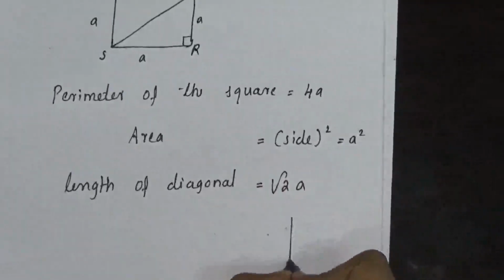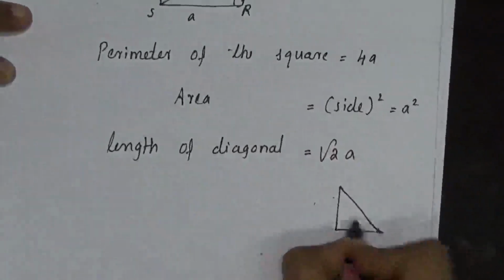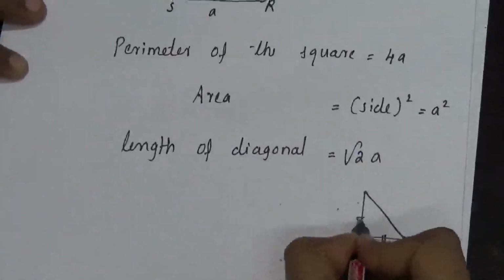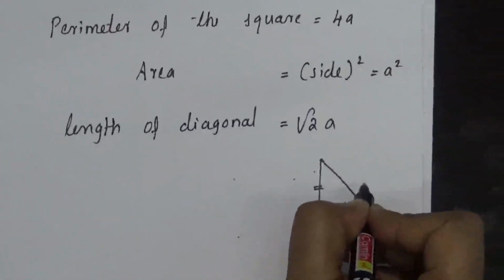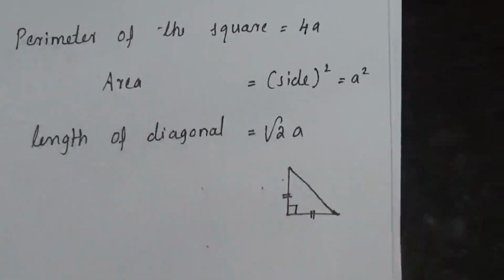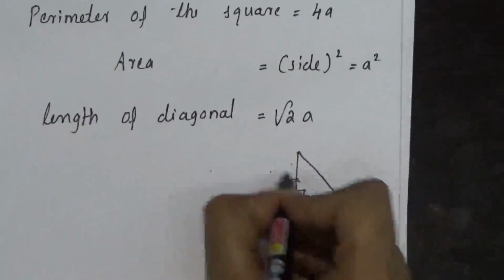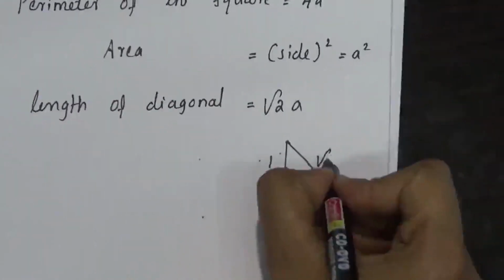Okay, you have to remember in the case of a right angled triangle, if two sides of the right angle triangle are equal, that is called an isosceles right angle triangle. This is 90 degrees also, and two sides are equal. So this is called an isosceles right angle triangle. Suppose this is 1 unit, this is 1 unit, then the hypotenuse will be root 2.